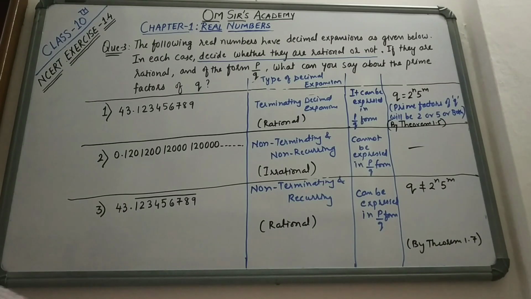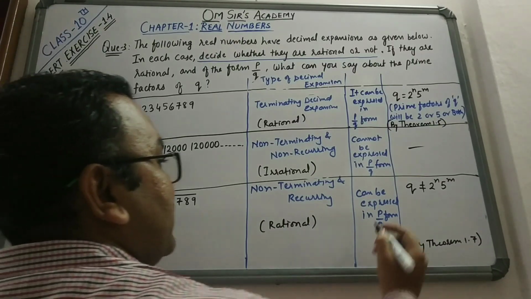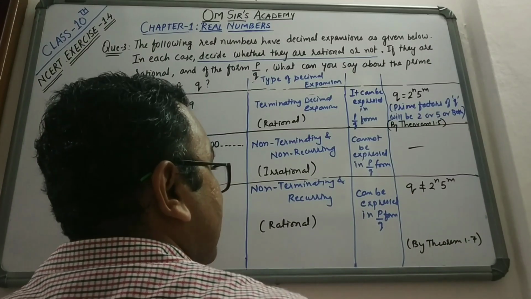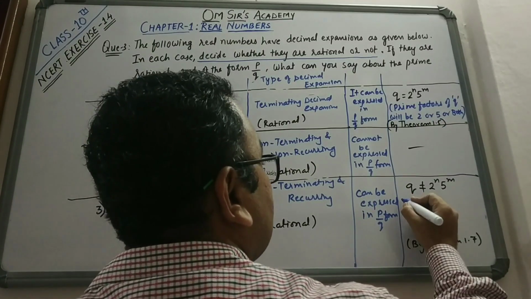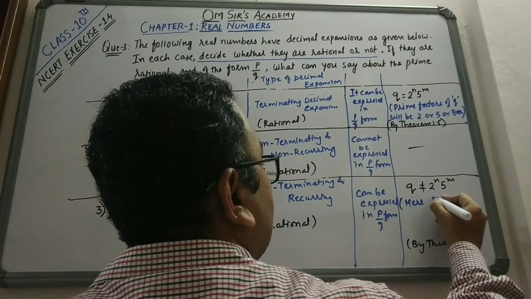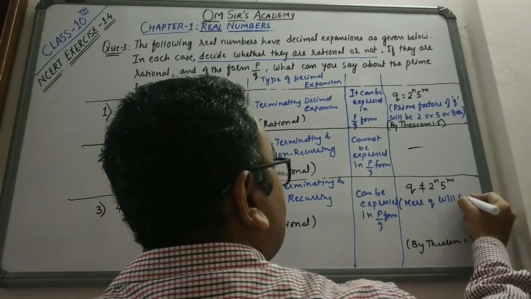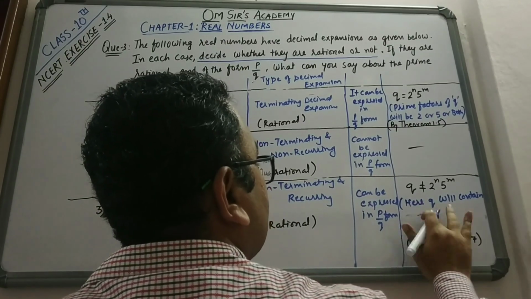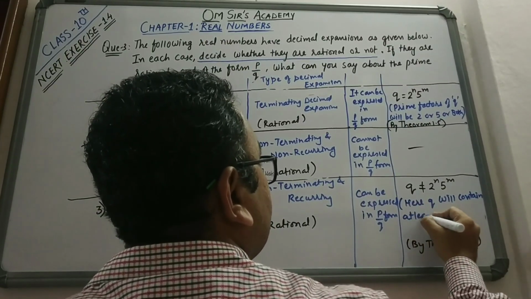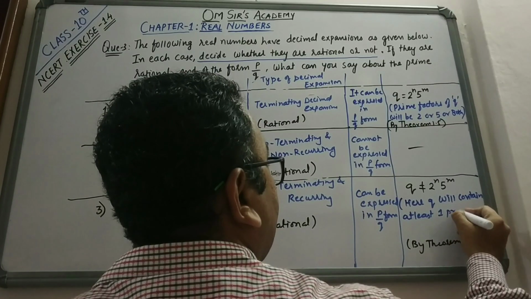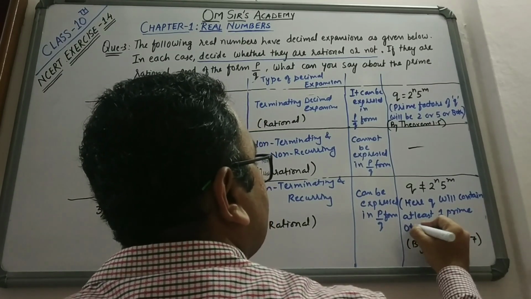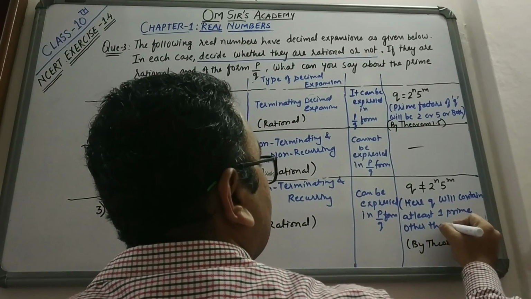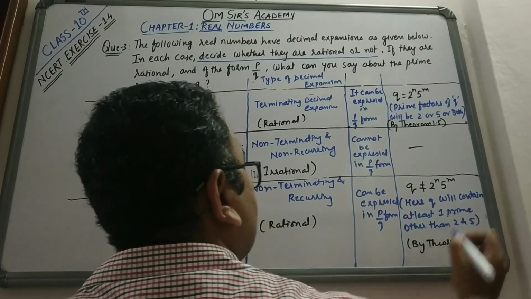So what will Q contain? Q will contain at least one prime other than 2 and 5. So we can write over here: Q will contain at least one prime other than 2 and 5.